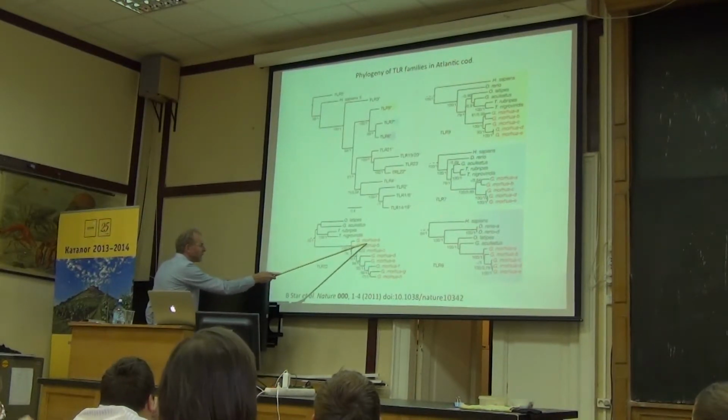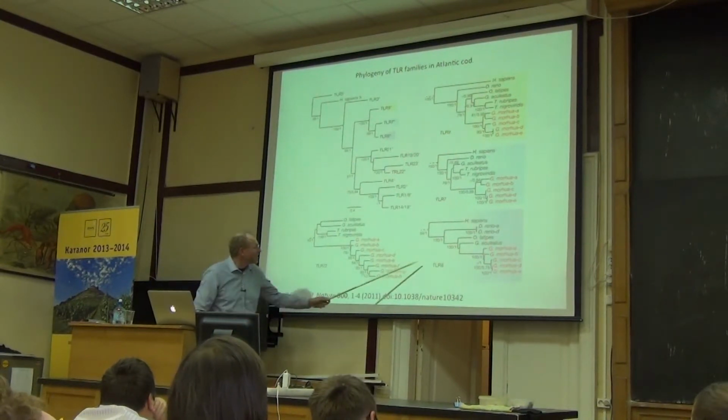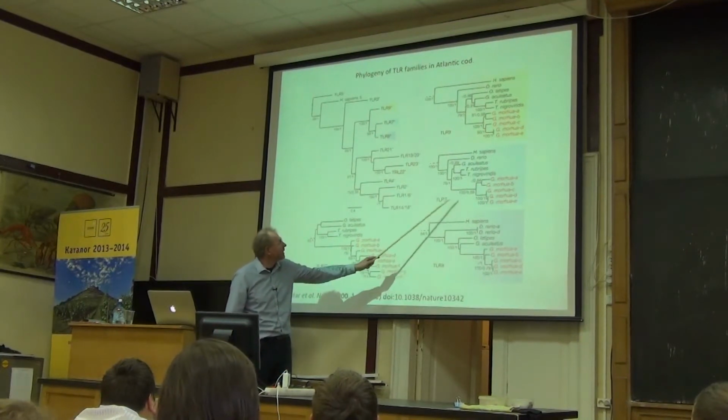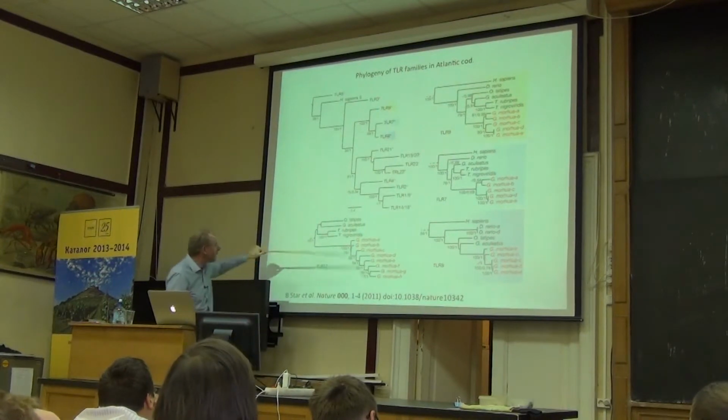You see, this is the Atlantic cod here. So certain gene families of TLRs, the TLR8 family, has 1, 2, 3, 4, 5 members. TLR7, all of a sudden, 5 members, and you can see that everywhere here.